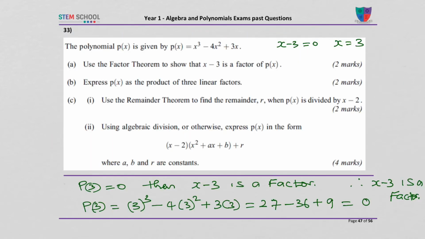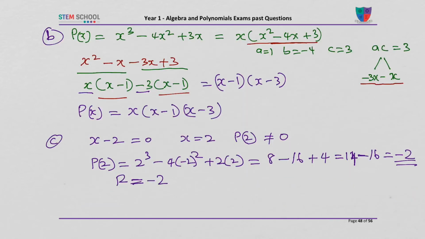Part 2, using algebraic division or otherwise, express p of x in the form of x minus 2 times a linear and a quadratic term plus the remainder. So C part 2 is, we know that p of x is x cubed minus 4x squared plus 3x plus 0, because that's the constant.